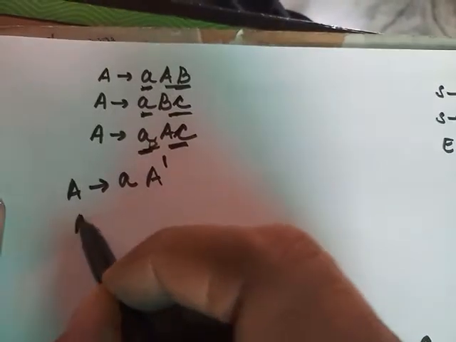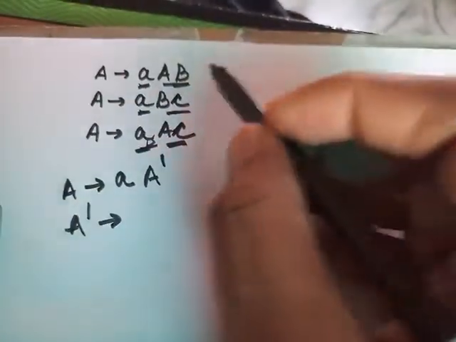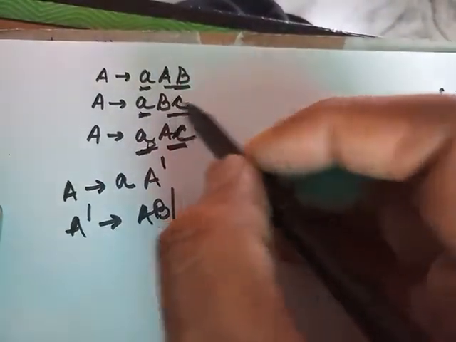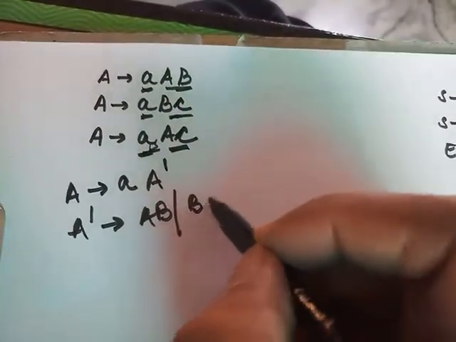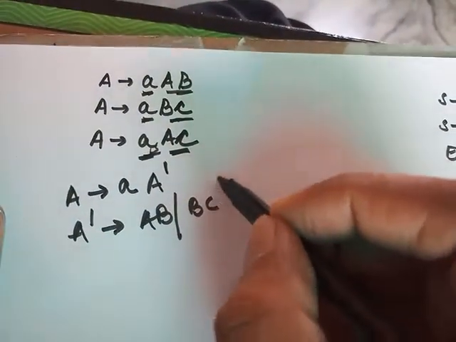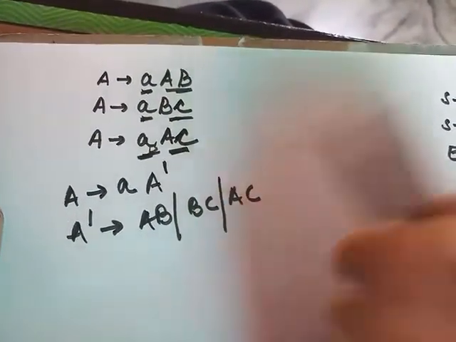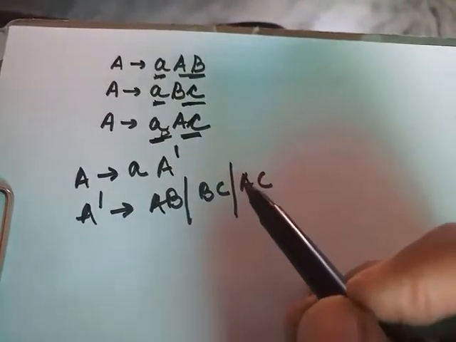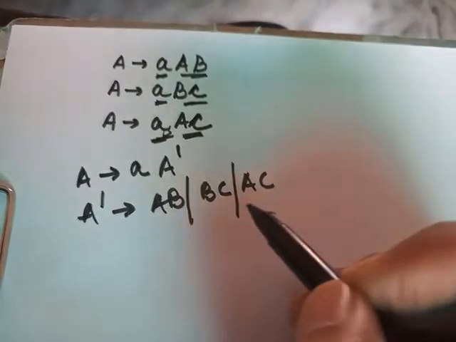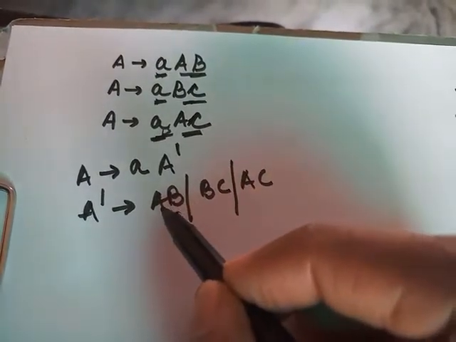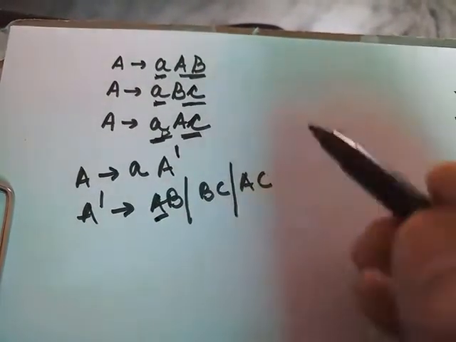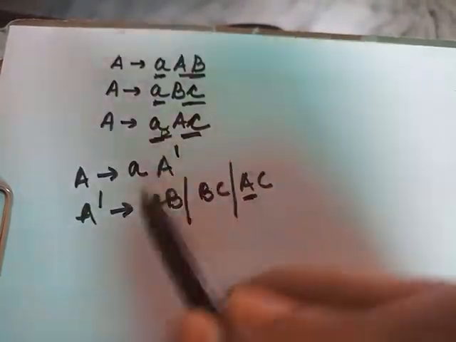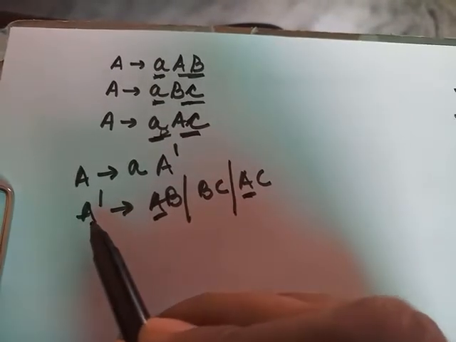Now what can A dash generate? AB slash BC, this part, slash AC. So these are the new productions that we receive. Now if again you see that we have common prefixes A and A, but you can see that here it is A dash.